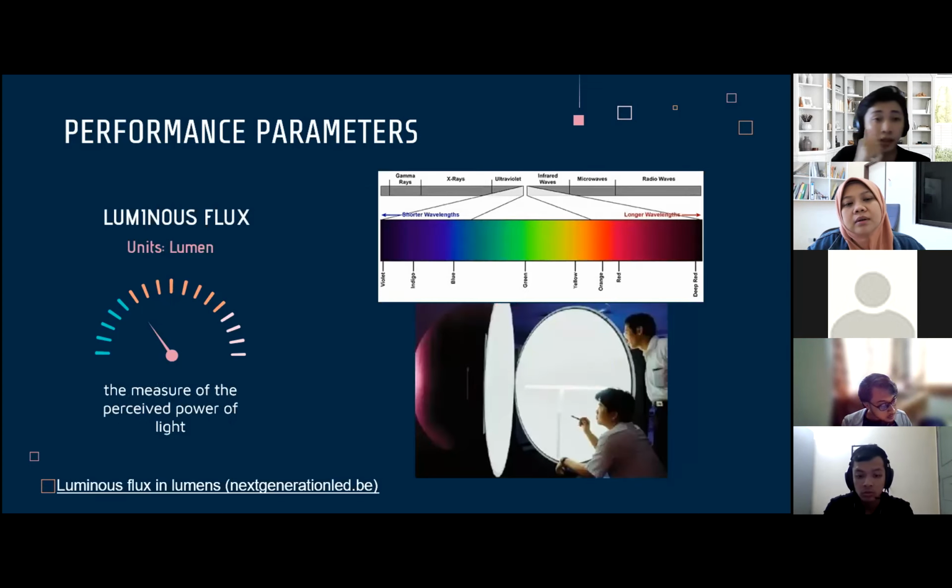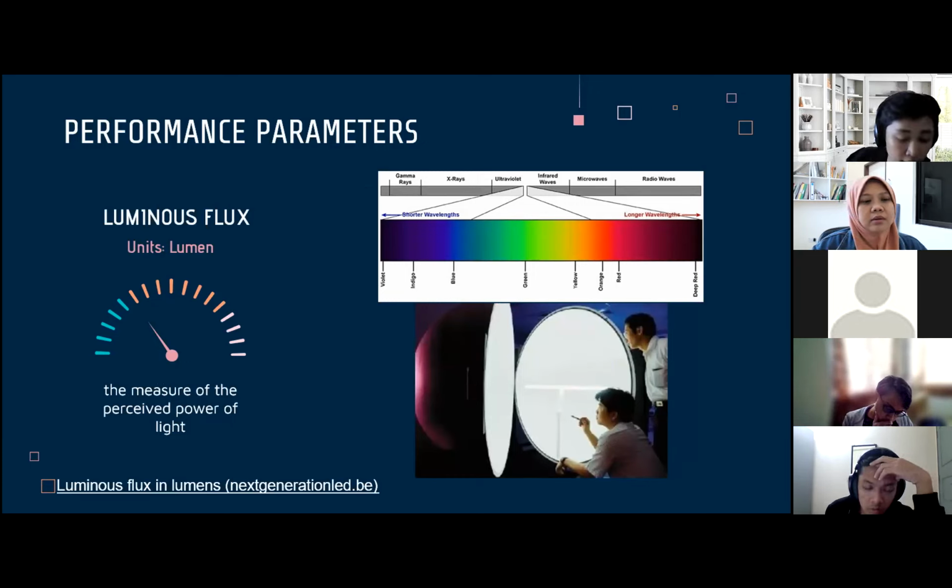So next, luminous flux. The measure of perceived power of light, it only related to perceived power of light, which concern the visible spectrum.